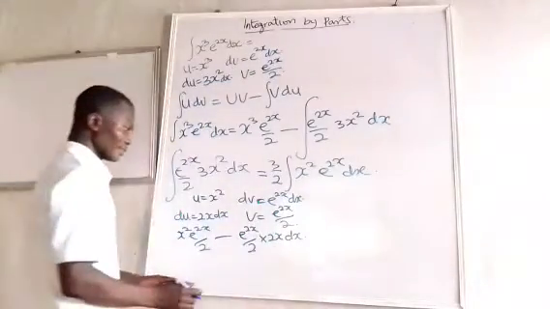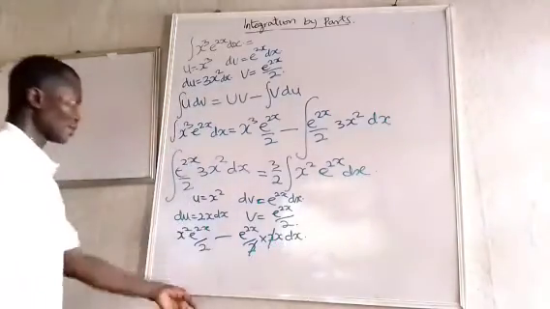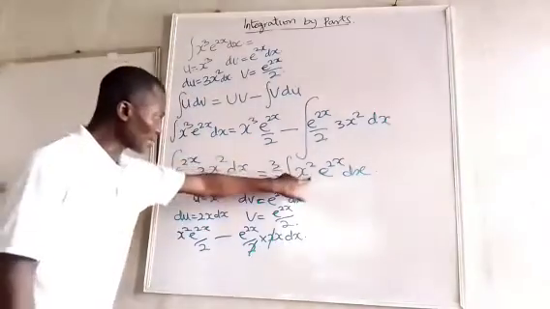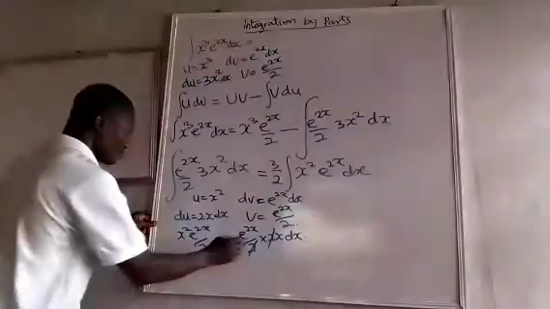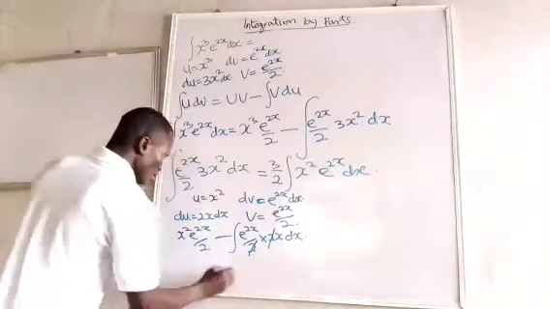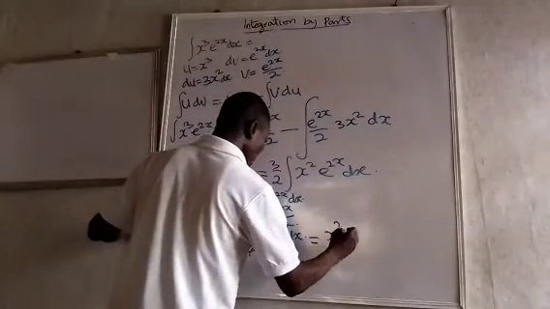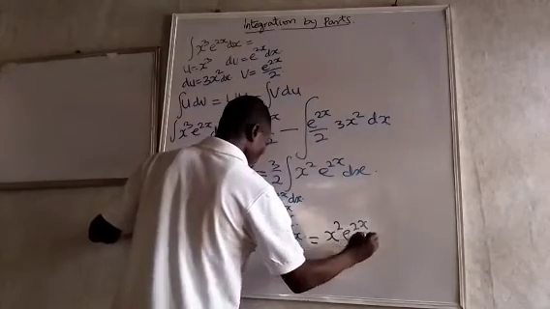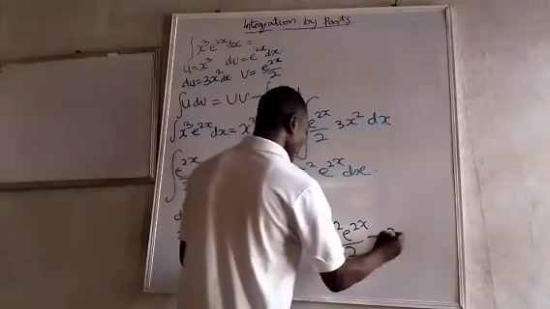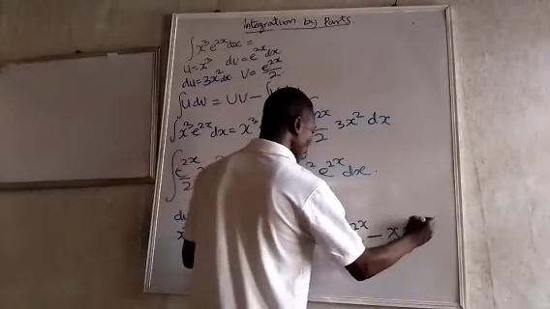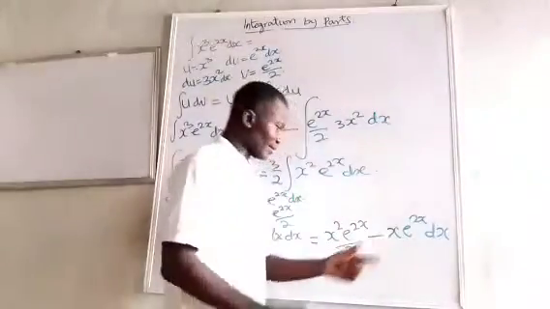So you can see this again. So what does that give me again? This one that is inside here, that is the integration for it. It's going to give me x squared e raised to power 2x over 2 minus the integral of x e raised to power 2x dx, which means that I have to do this one again.